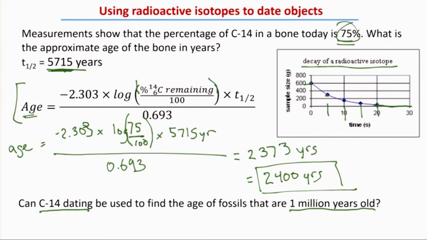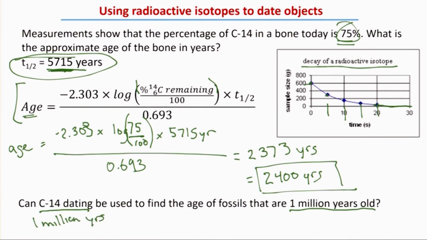And here's why. If you have an object that you think is around 1 million years old, and you're using carbon-14, whose half-life is not near 1 million, this is 5,715 years, how many half-lives does this decay through in 1 million years?